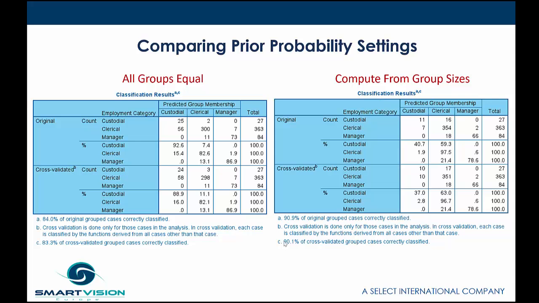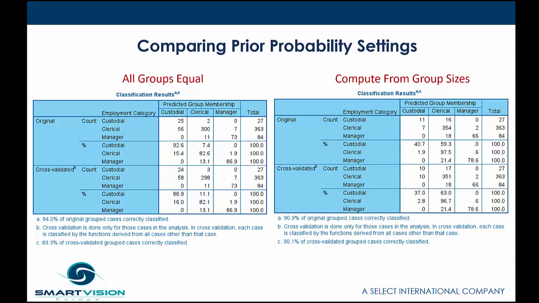With the compute from group sizes, that accuracy has gone up, but the custodial group, previously classified at 92.6% accuracy, has now dropped to 40%. That's worse than half. Clerical was 82% but has jumped to 97%. And for the manager group, that's falling from 86.9% down to 78.6%.